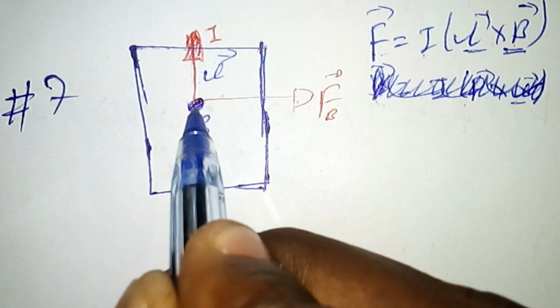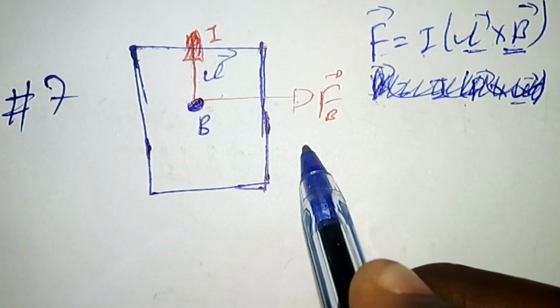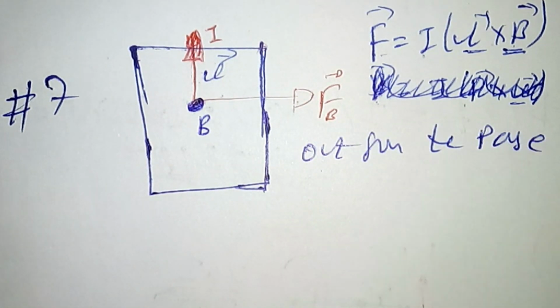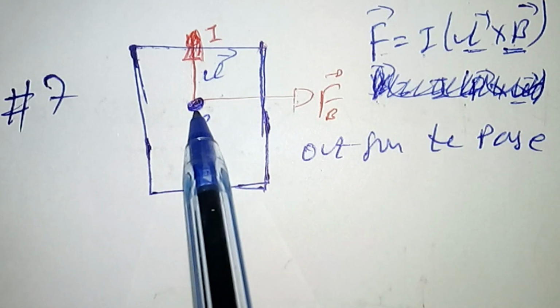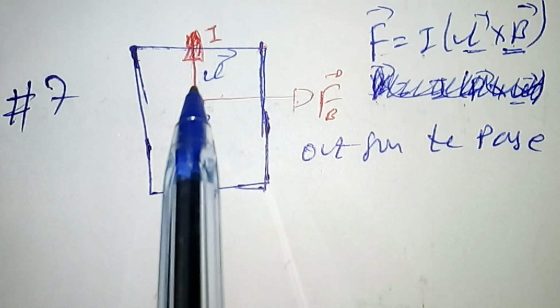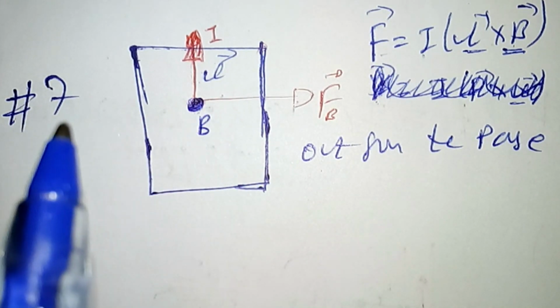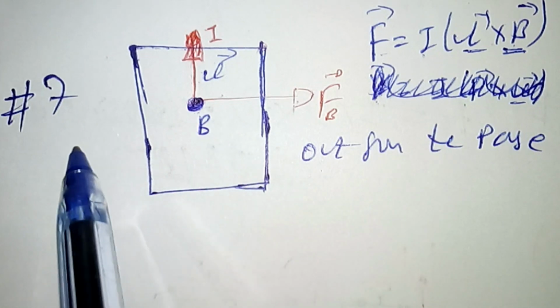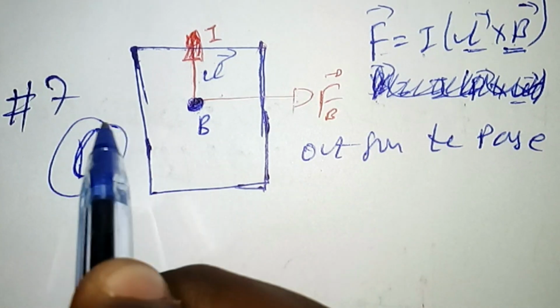So the magnetic field is outward, out from the page. So the correct answer is alternative C, which says the magnetic field is perpendicular and directed out of the page, or out of the plane of this page.